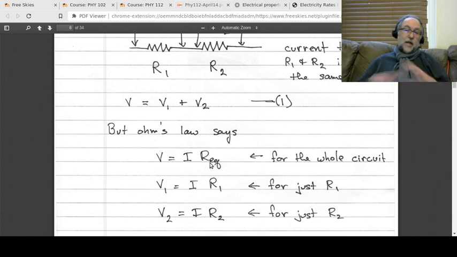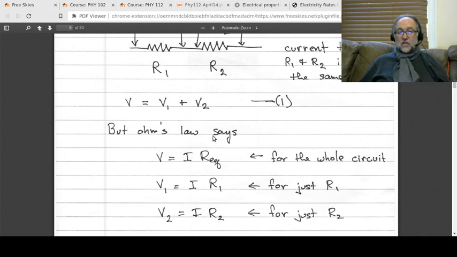That's just Ohm's law applied to the whole circuit. But if you apply Ohm's law just to R1, then the voltage drop across R1, V1, is going to equal the current multiplied by R1. And the same thing for R2: the voltage drop across R2 is V2, and that's just going to equal the current through R2 times R2.